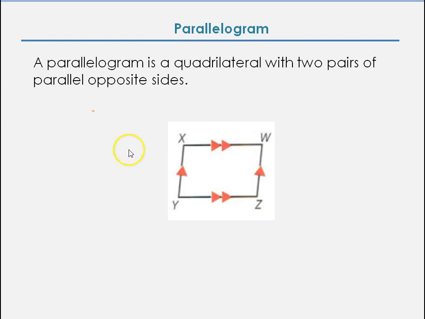So the picture from number 6 looks like this. You look at the picture and say which one of the subclassifications or the subgroups of quadrilaterals is this one, and the parallelogram has 2 opposite parallel sides, so your answer to number 6 would be B.